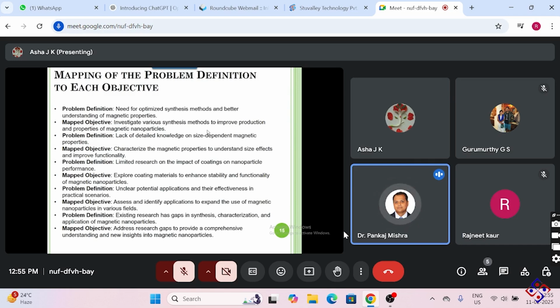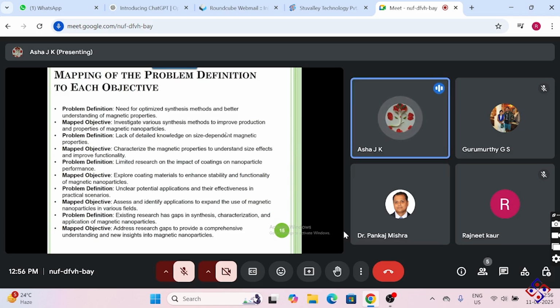What exactly new thing do you bring to this subject? Sir, here we are investigating the development and behavior of magnetic nanoparticles, understanding their magnetic characteristics, and exploring the potential applications of hybrid magnetic nanoparticles.